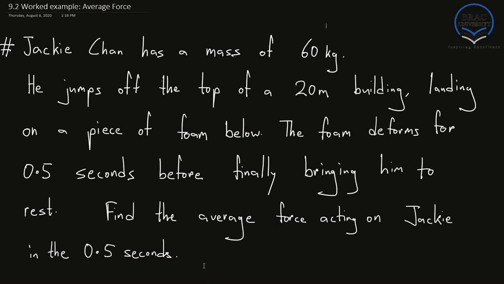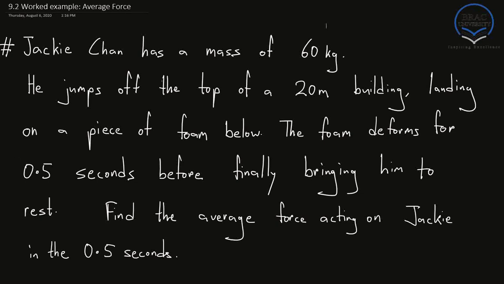Of course, in order not to harm the stuntman, we want this average force to be small. We shall see that because this foam deforms, taking some time, this causes the average force to be small, and this is basically the reason why one jumps on a foam in order to avoid injuring oneself.